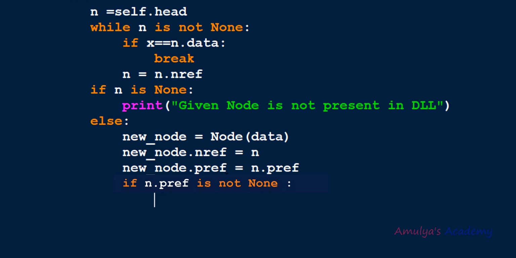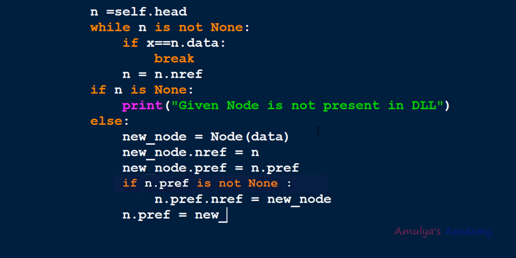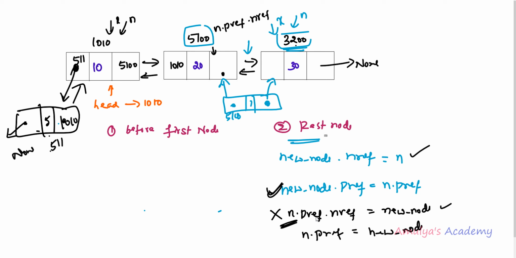So you need to take n.pref.nref is equal to new node. And outside this you need to take n.pref is equal to new node. And one more very important thing here. If you are adding the new node before the first node, then you need to point head to the new node.